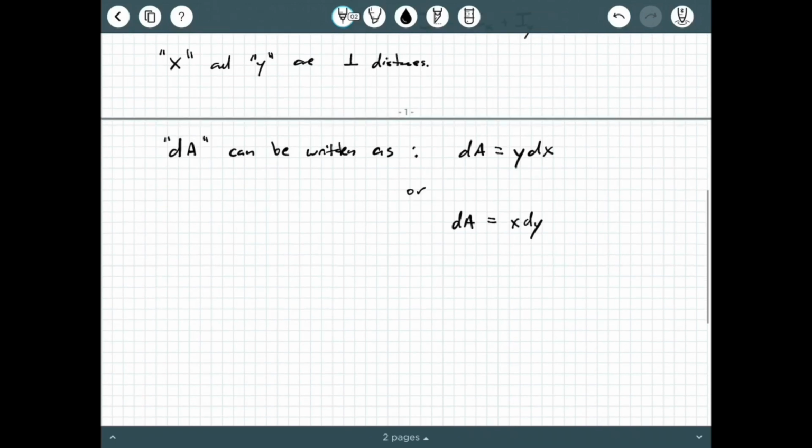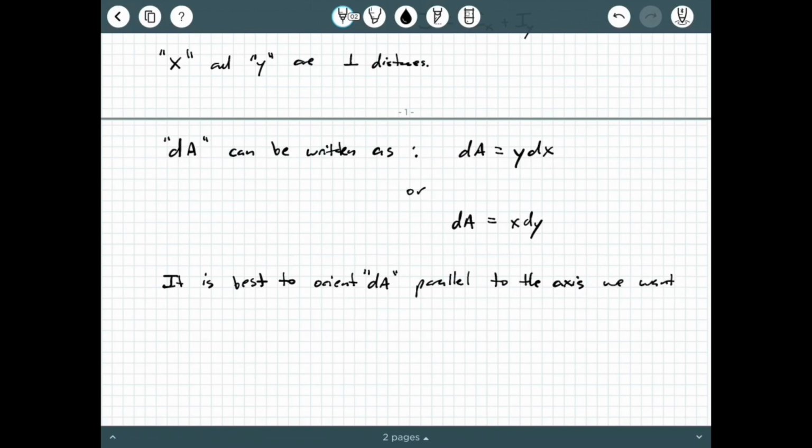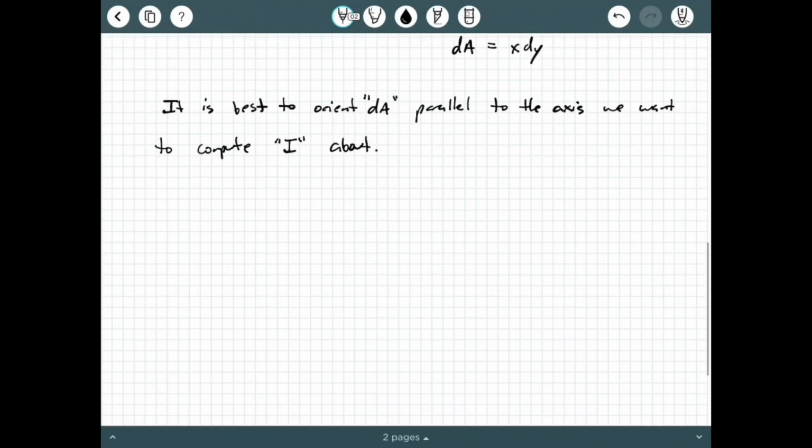So in general, we're going to say this: it is best to orient dA parallel to the axis we want to compute I about.